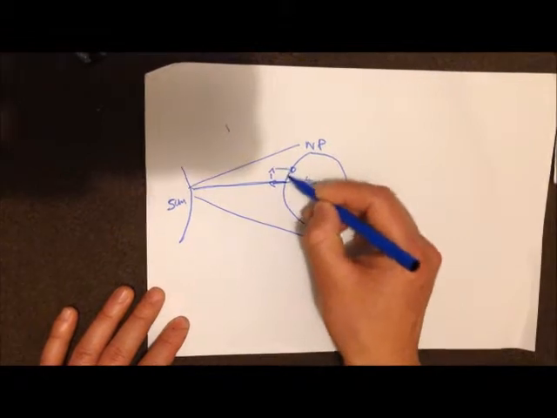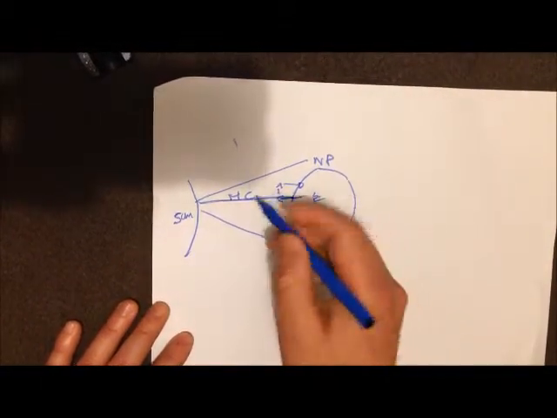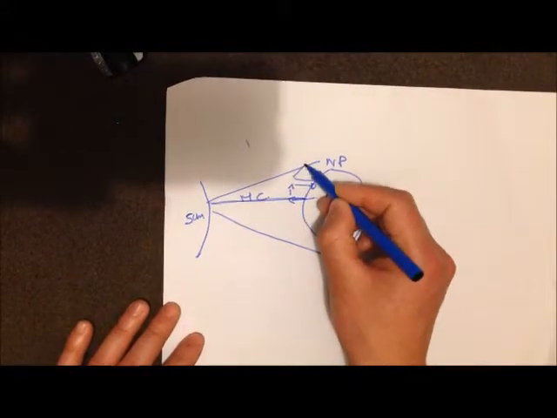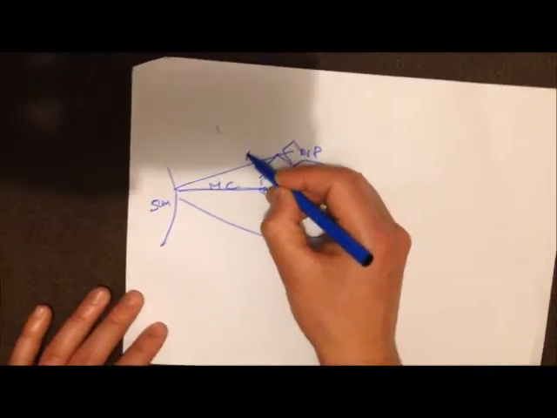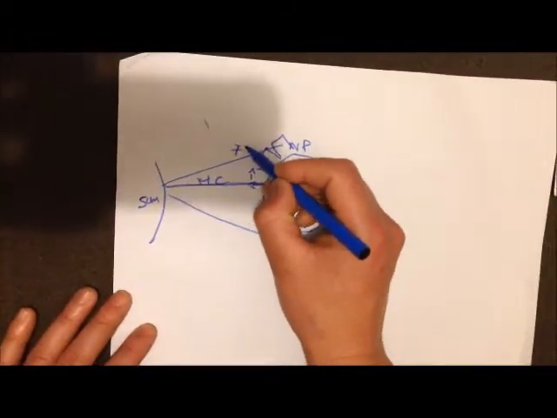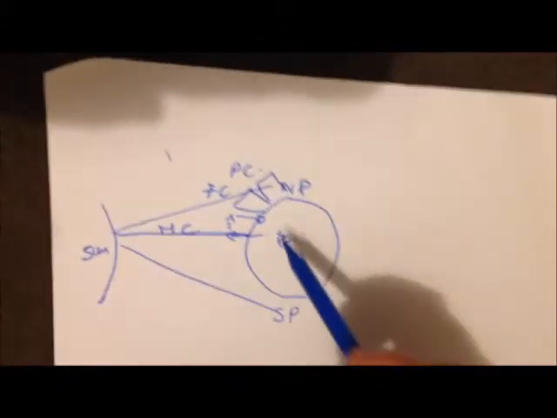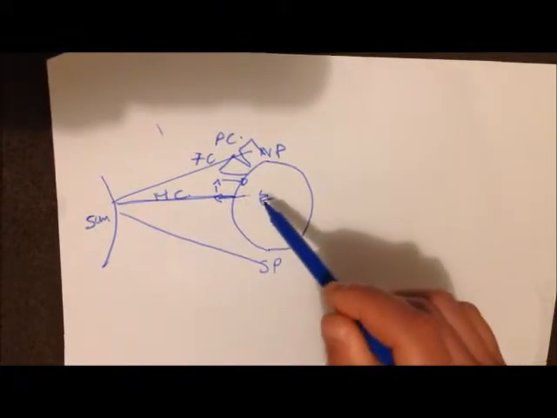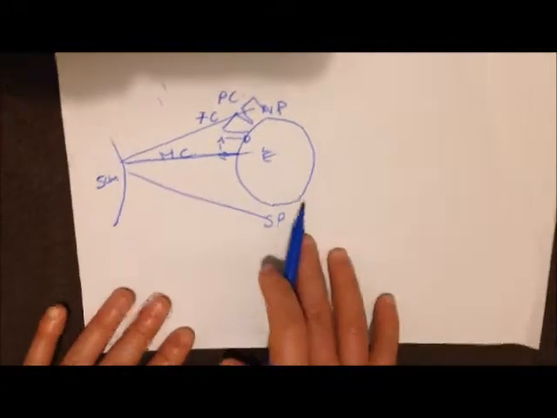This process is called the Hadley cell. And this Hadley cell is followed by the Ferrel cell and the polar cell. Okay, and that is the process of the Coriolis effect and rotation of the air.